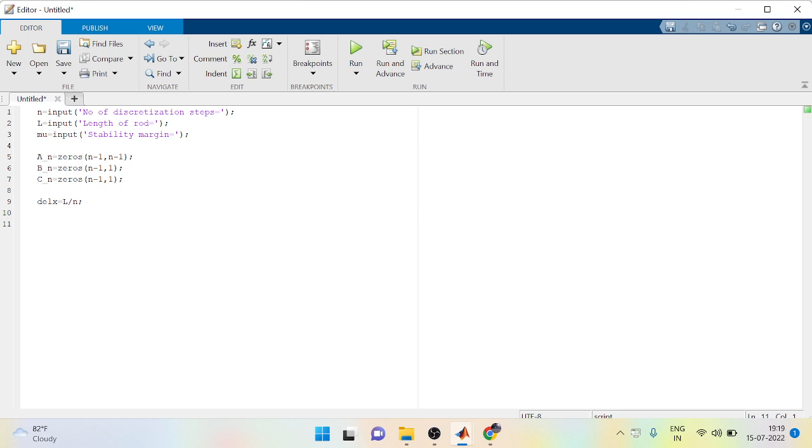Del x is L by n, and what is A11? u1 dot is 2u2 minus 2u1 by del x square plus k u1 plus... so we'll go with A11, and today I guess we'll finish the finite difference scheme.